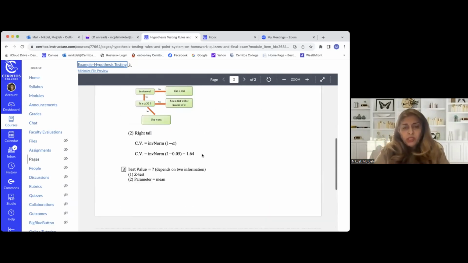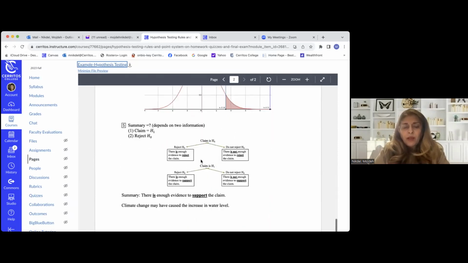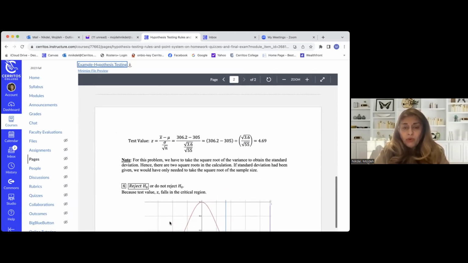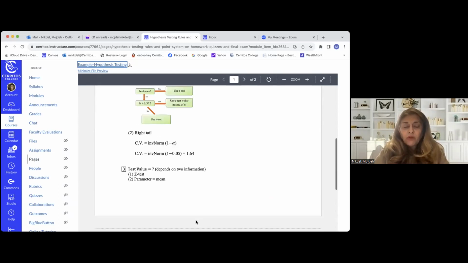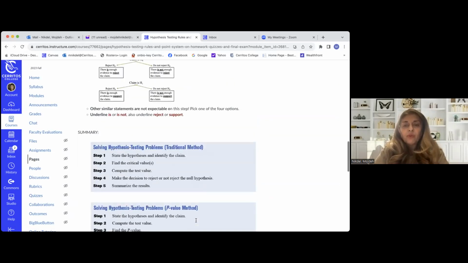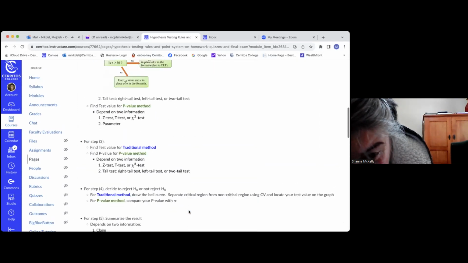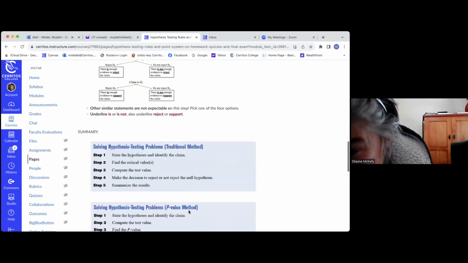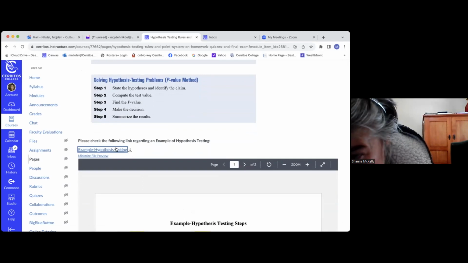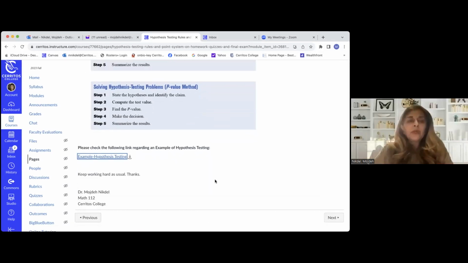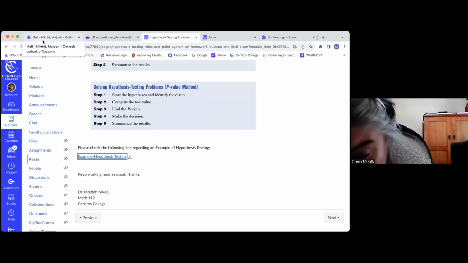So this is how your quiz, exam, final, and homework should look: step number, underlining, graphs, and if you have to do the traditional method for chapter 8, and so forth. If you have questions about the format of your work, you can ask me, or you can talk to Shauna. We're more than happy to help you with that.